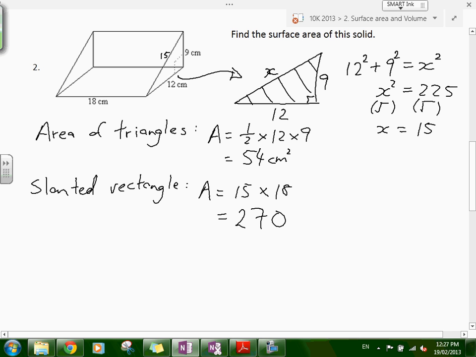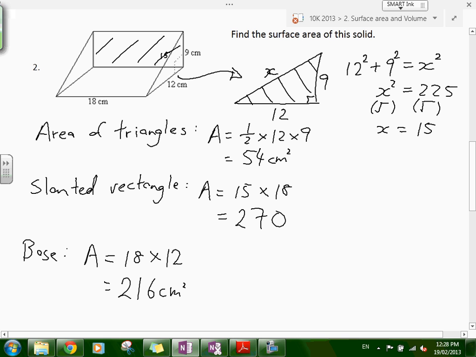Then we have the base. A equals 18 times 12, which is equal to 216. And then the final side is that back face, this one at the back here, which is 9 times 18.